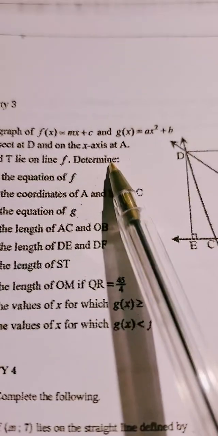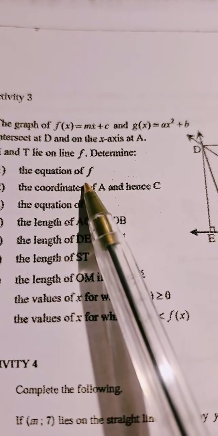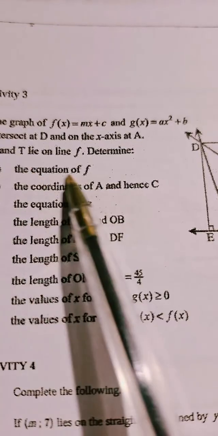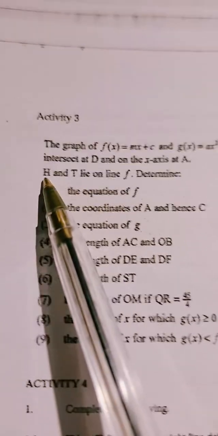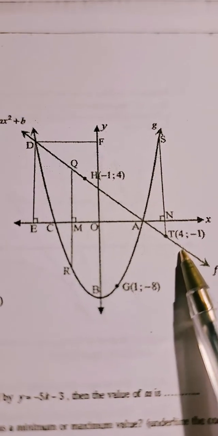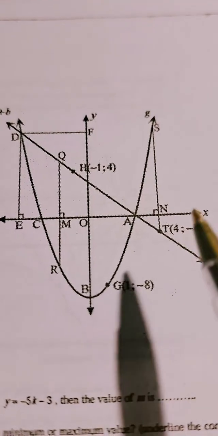Now they are saying determine the equation of F. Very good, She's Chubby. She's Chubby just made a beautiful comment because of what we said about H and T. If H and T lie on F, then according to her comment, we can find the gradient.